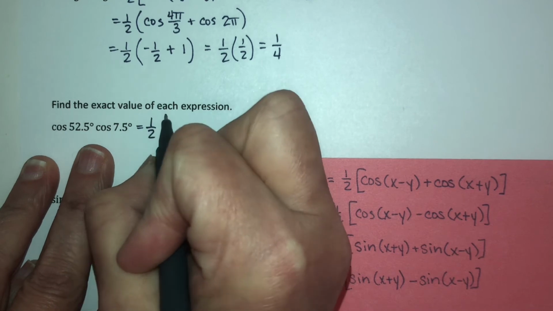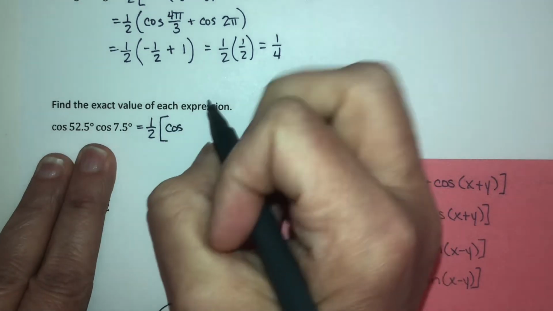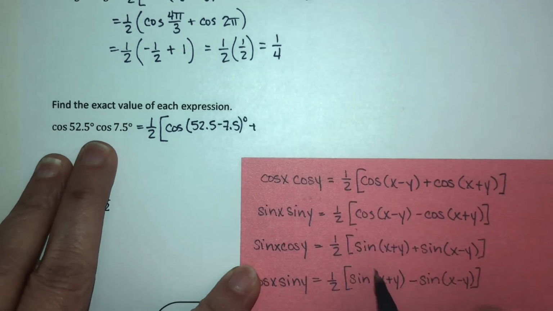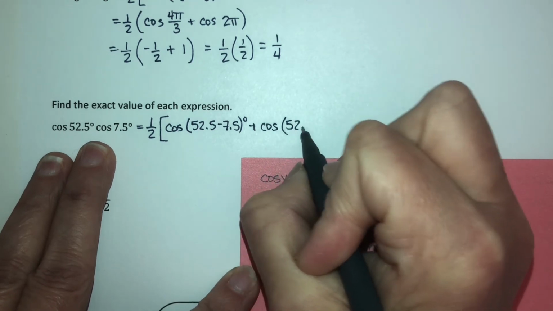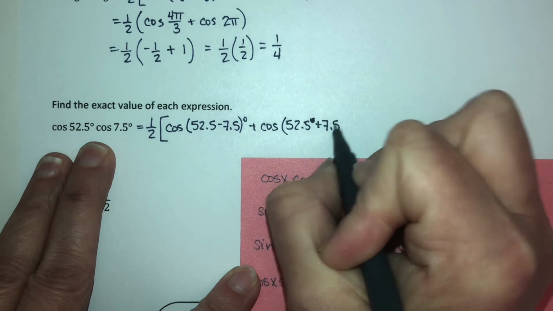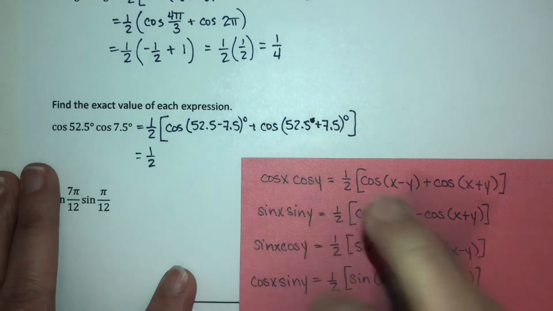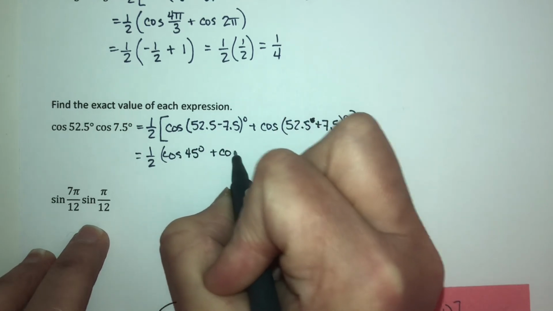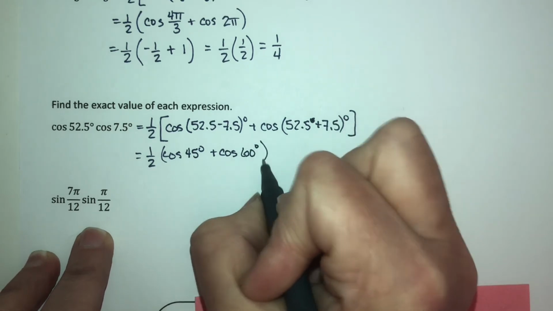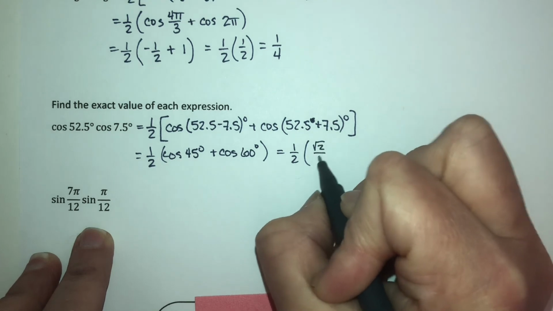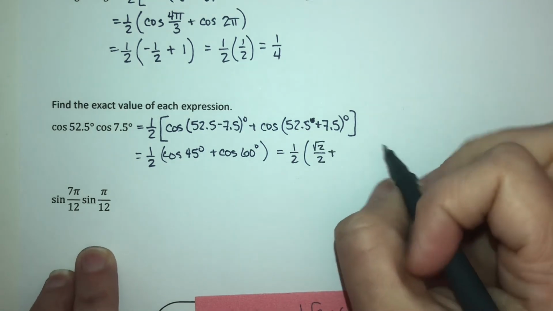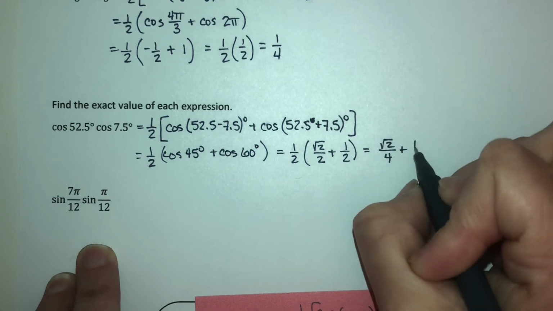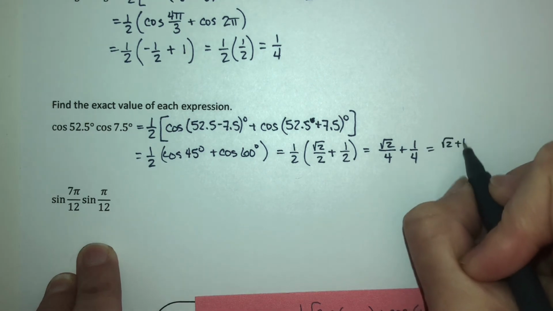This is going to equal 1/2 times cosine of, subtract these, so 52.5 minus 7.5 degrees, plus cosine of the two angles added together, which is 1/2 times cosine of 45 degrees plus cosine of 60 degrees, which is 1/2 times square root 2 over 2 plus 1/2, which is square root 2 over 4 plus 1/4, or square root 2 plus 1 over 4, if you wish.